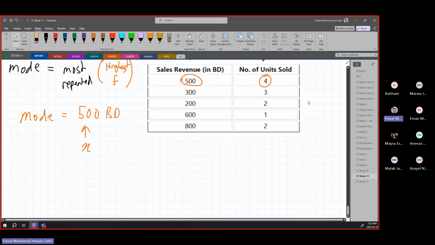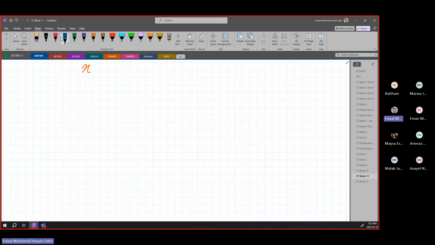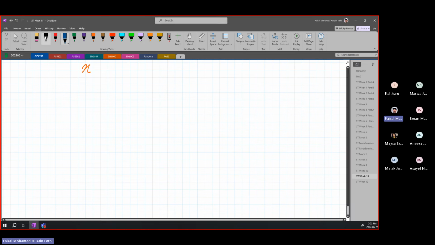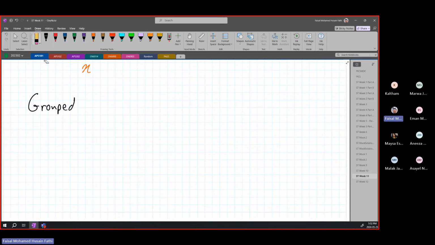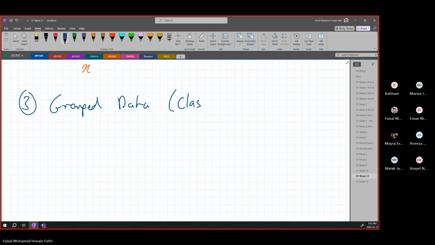Now let's move on to our last type of data, which is grouped data or class data. All right, it is almost the exact same thing. Grouped data, or class intervals.